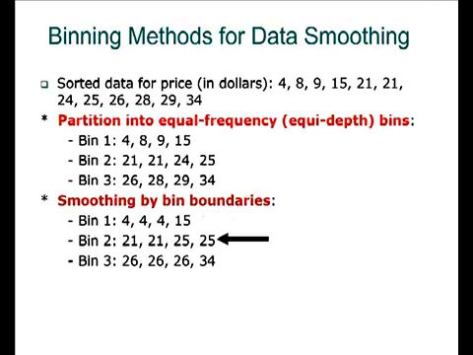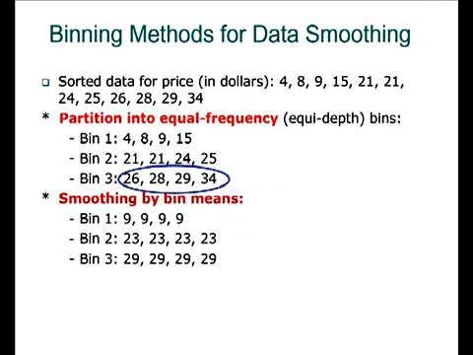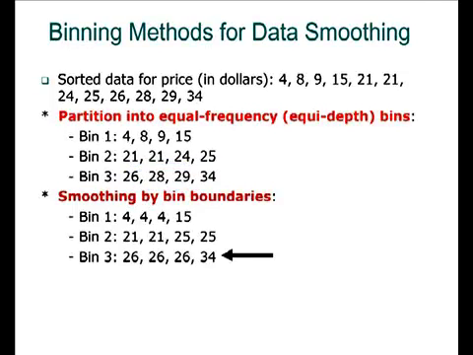Similarly, for bin 2, we replace 24 with 25 because 24 is closer to 25 compared to 21. Similarly, for bin 3, 28 and 29 are replaced with 34 because they are closer to 34 compared to 26. So this is called smoothing by bin boundaries.